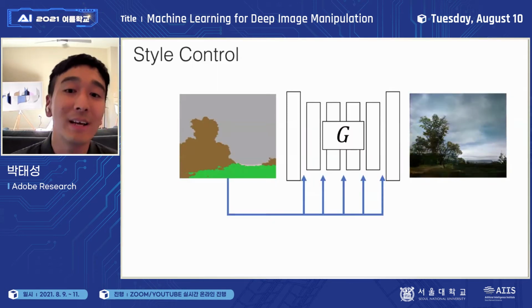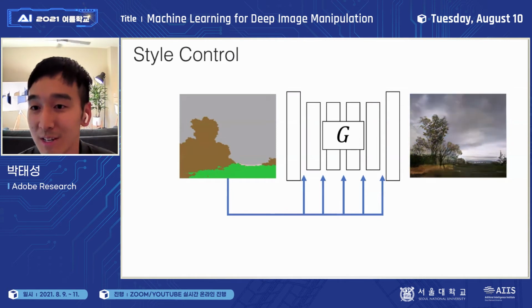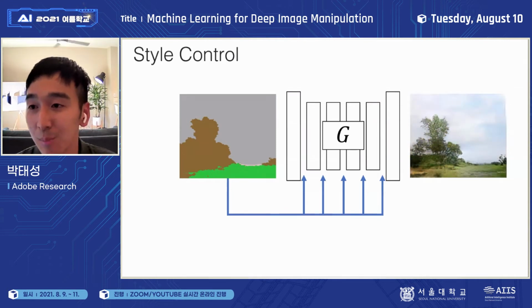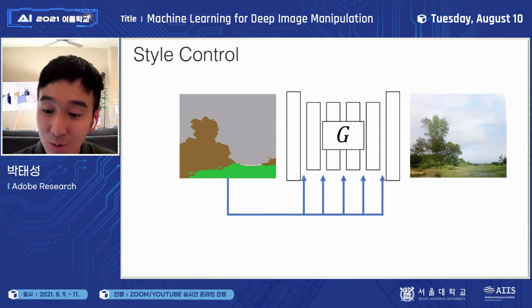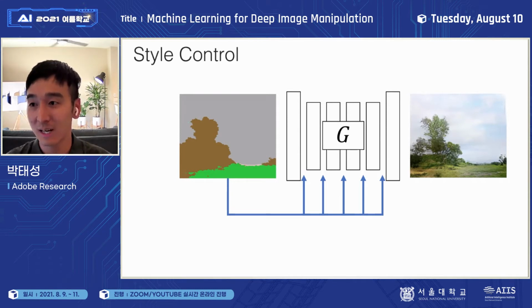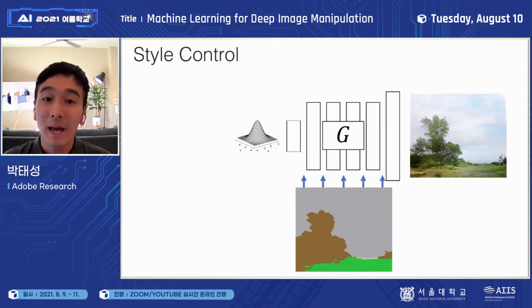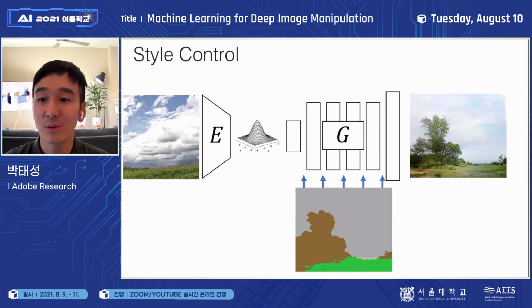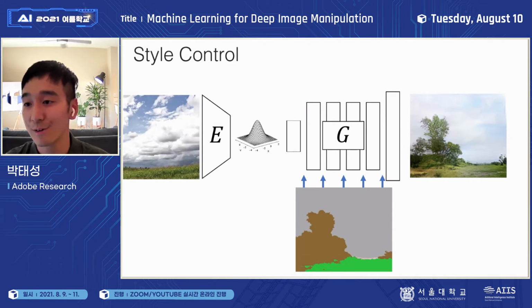Lastly, note that there exist multiple plausible images that match the input. It would be nice if we can control the style of the output. So to do this, we added some stochasticity to the network by starting with a random vector sampled from Gaussian, similar to standard GANs. And on top of that, we additionally train an encoder network to capture the style of a reference image into the latent space.